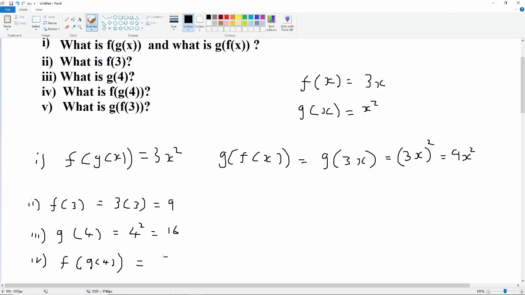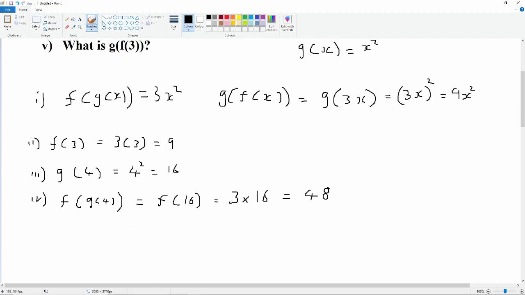So this is equal to f of 16, which is equal to, and f of x is equal to 3x, so that's equal to 3 times 16, which is equal to, 3 times 6 is 18, and 3 times 10 is 30. 30 plus 18 is equal to 48.